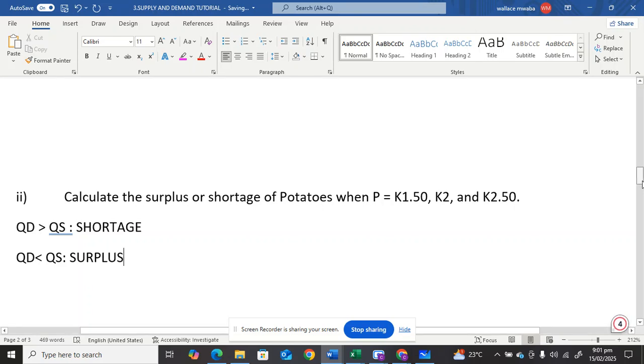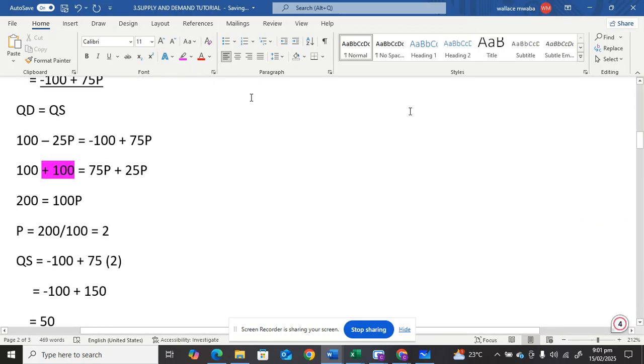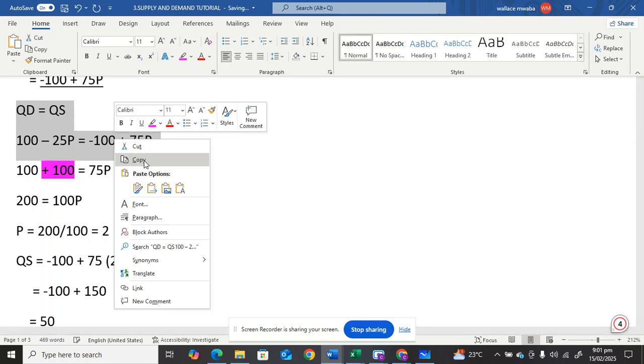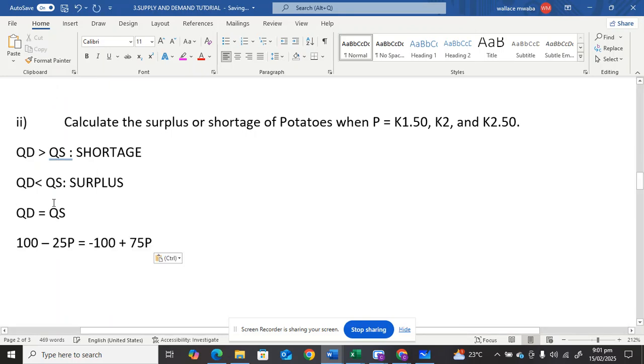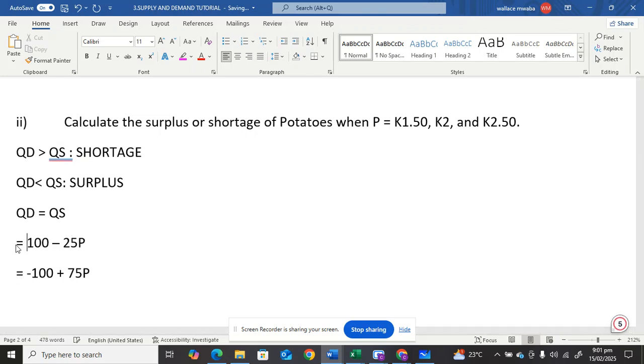So here it's just a matter of substituting P into our simplified demand function and our simplified supply function, giving quantity demanded and quantity supplied.